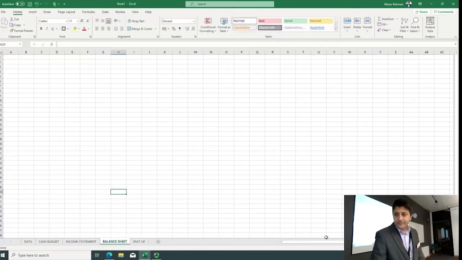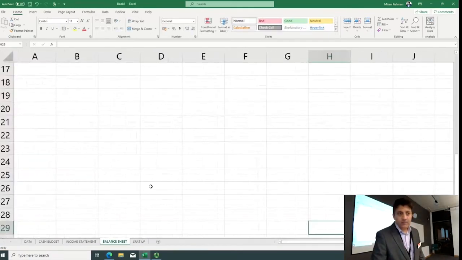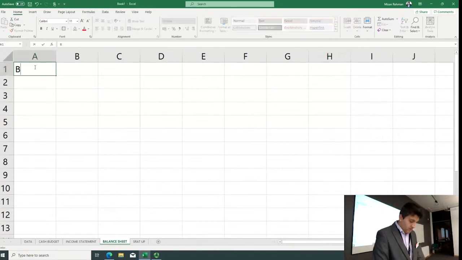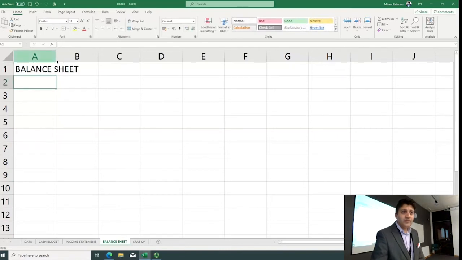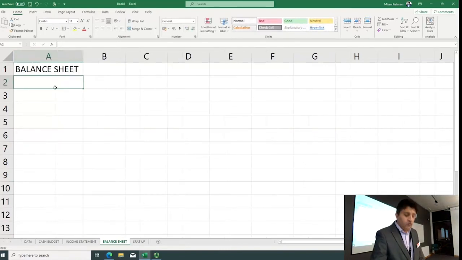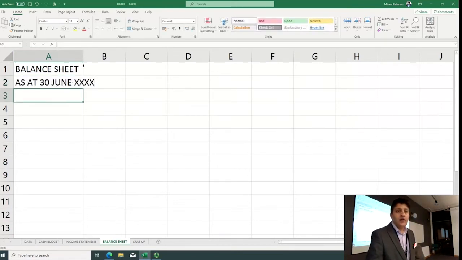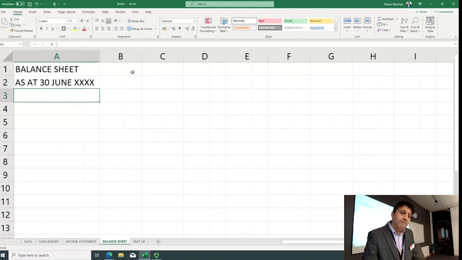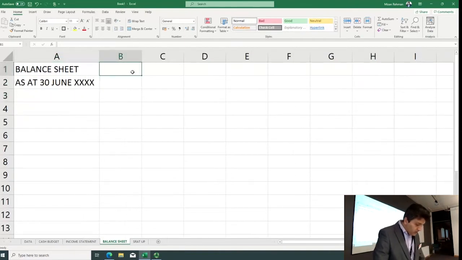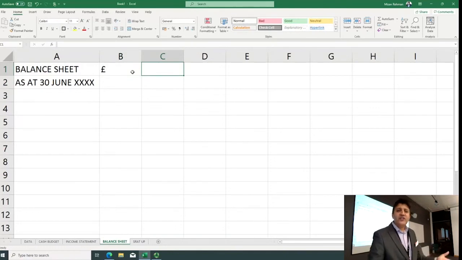Balance sheet. Balance sheet as at. I'll have 3 columns this time, because I'll be doing the notes within, on the face of the balance sheet.